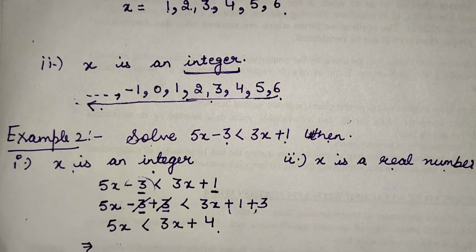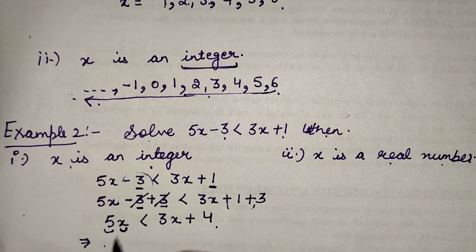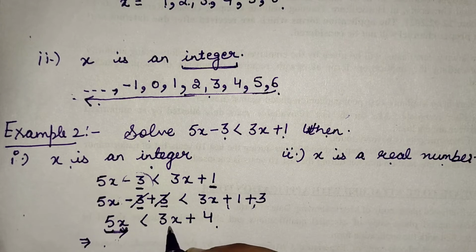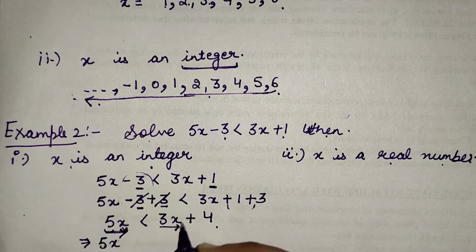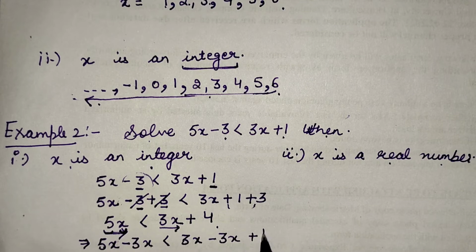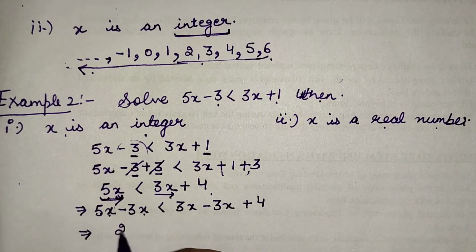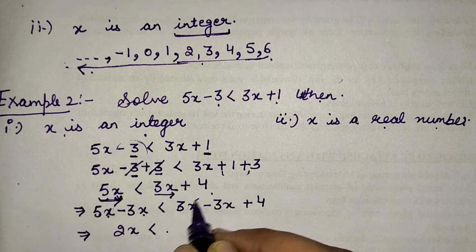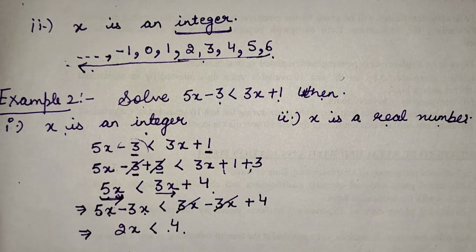Okay, so what next? Next I have to find out the value of x. So 5x is here and 3x is on the right hand side. I have to remove this 3x from the right hand side, so I will subtract 3x from both the sides. So 5x minus 3x will give me 2x, 3x and 3x will get cancelled out, and 2x is less than 4.